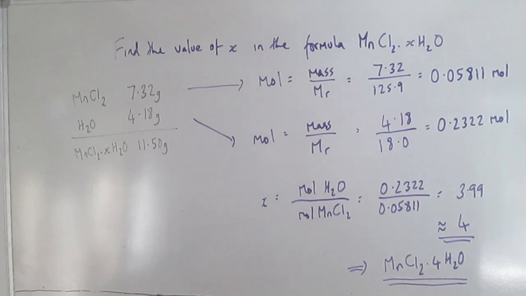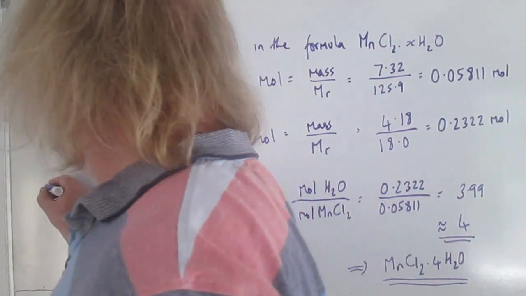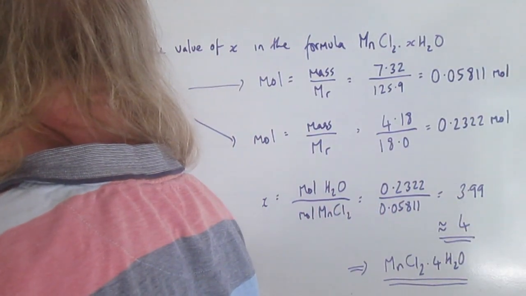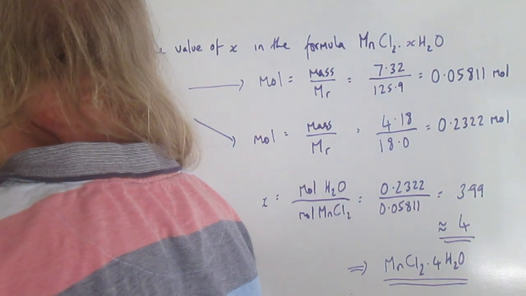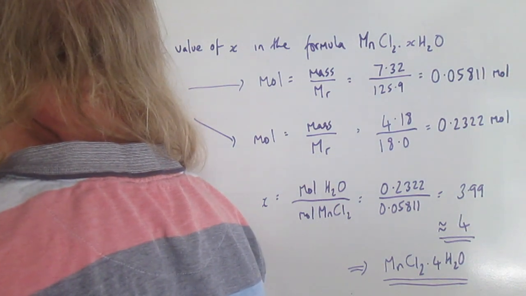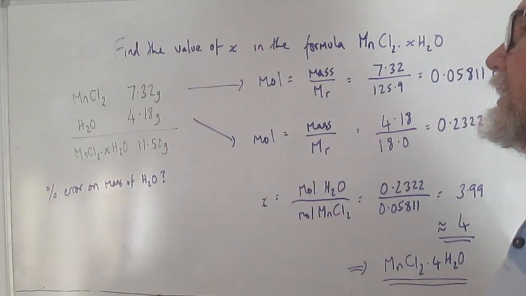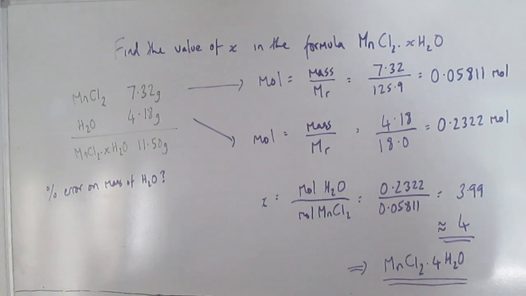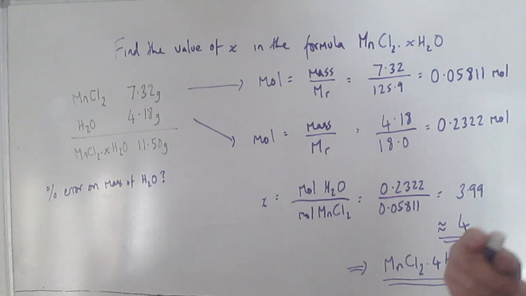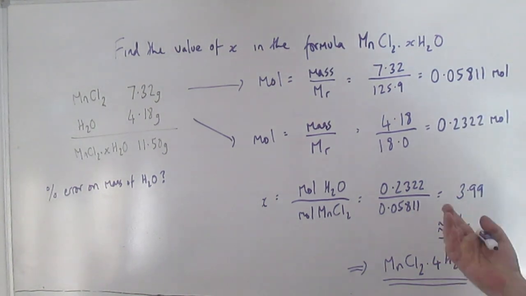Another thing they might ask you to do while you're doing a question like that is a percentage uncertainty, percentage error kind of thing. So they might ask you something like, what's the percentage error on the mass of water? Generally they would tell you what the percentage error on a mass reading was, although you can work it out as we discussed when we looked at percentage errors.